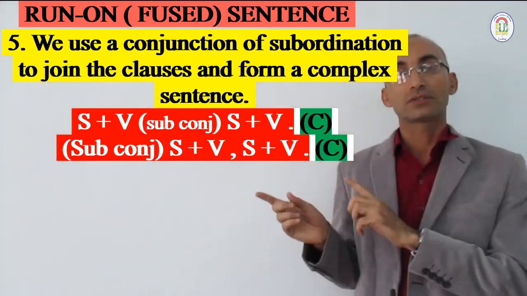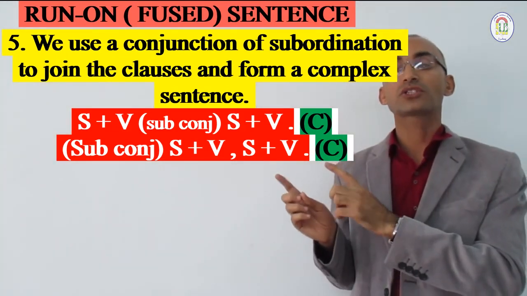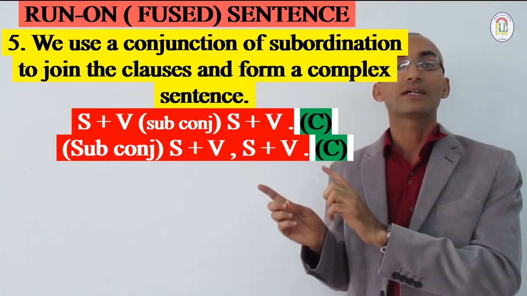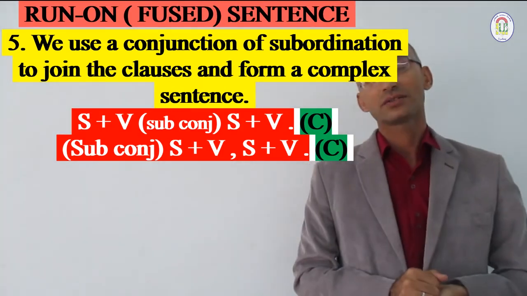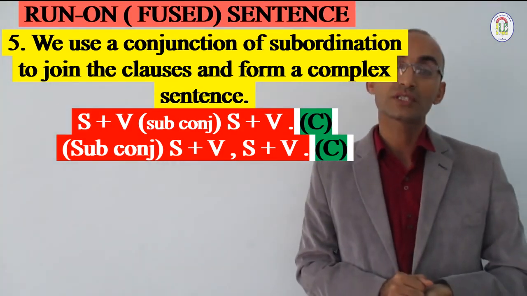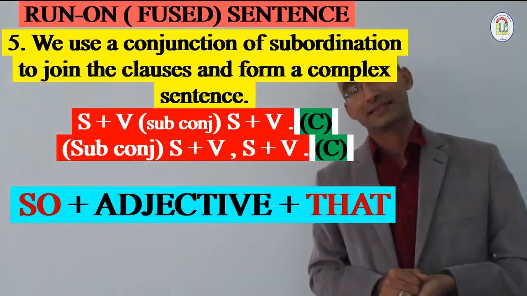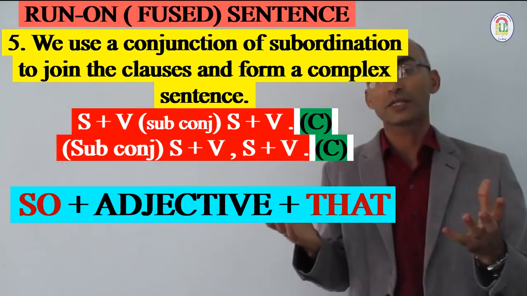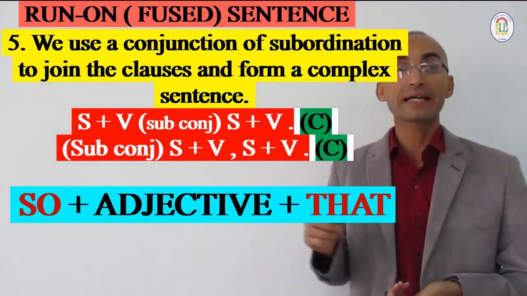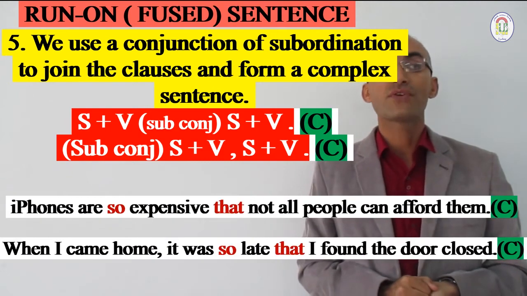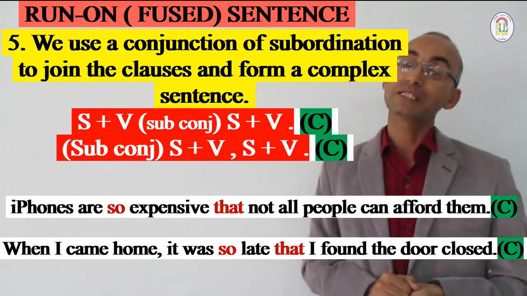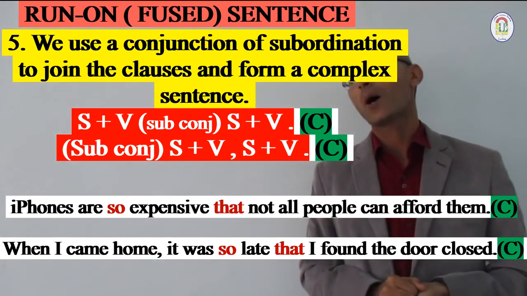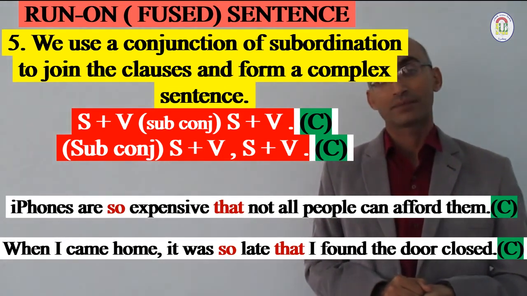So I have here a relationship of result. So I will choose the conjunction of result, which is so that. And we know so that is used with adjectives. So we write iPhones are so expensive that not all people can afford them.